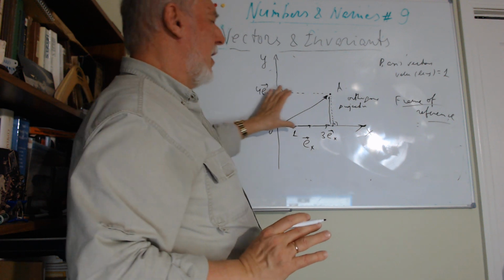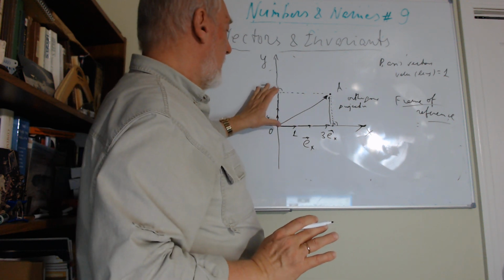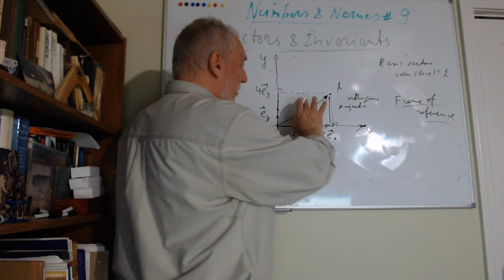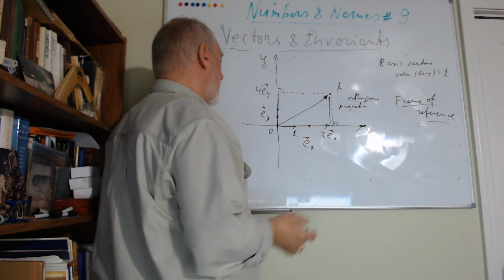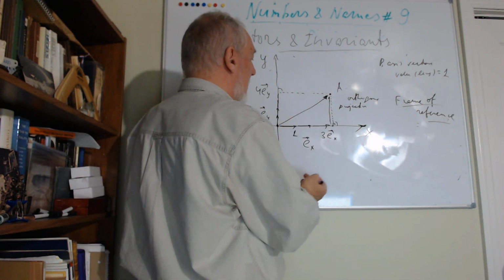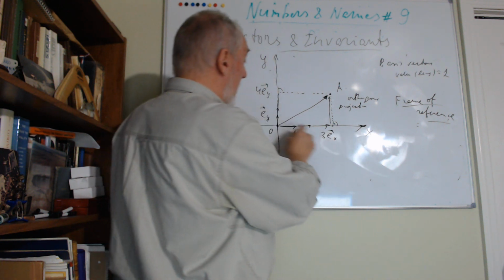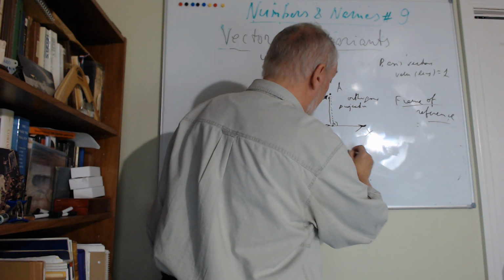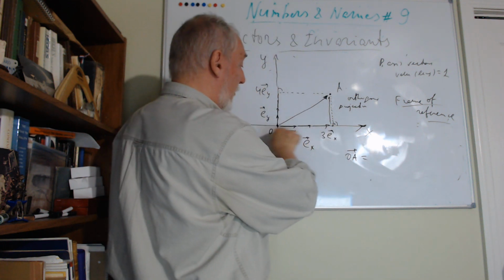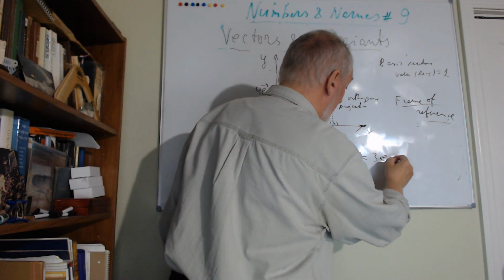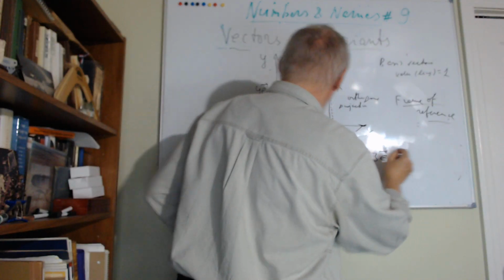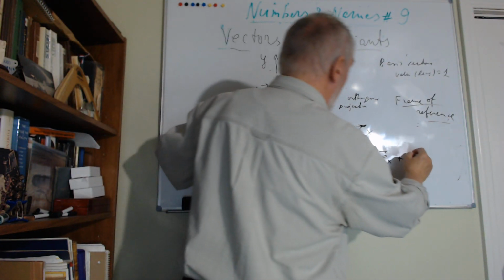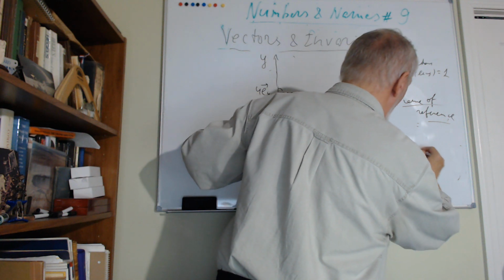It may be proved, but here it's pretty easy. So in this case, you may say that this vector OA is a sum of two vectors: first 3e_x plus this, which is 4e_y.